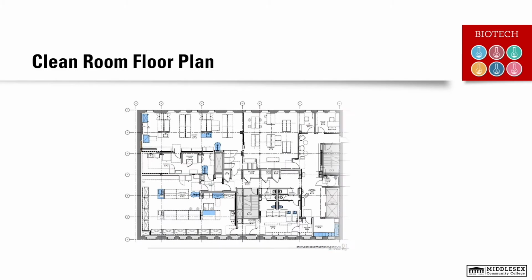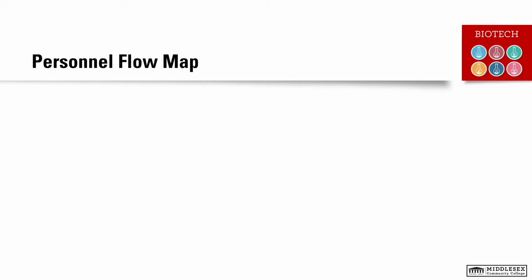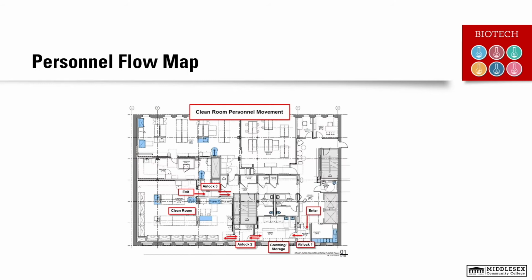The next image identifies the various areas of the clean room as well as support areas. As we just mentioned, it's important that we follow the personnel flow map in order to minimize or prevent contamination in the clean room. Please locate the available personnel movement maps in your clean room areas.